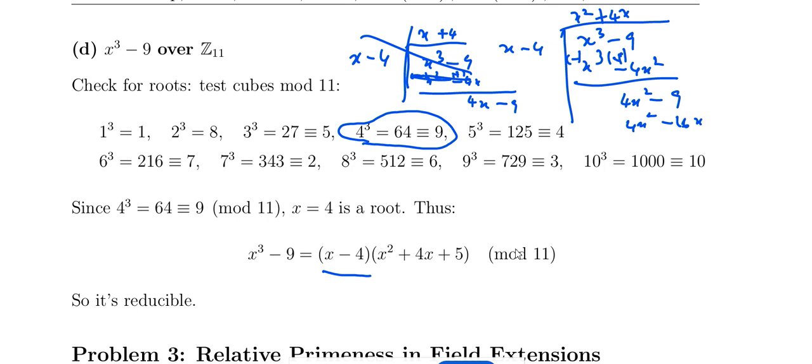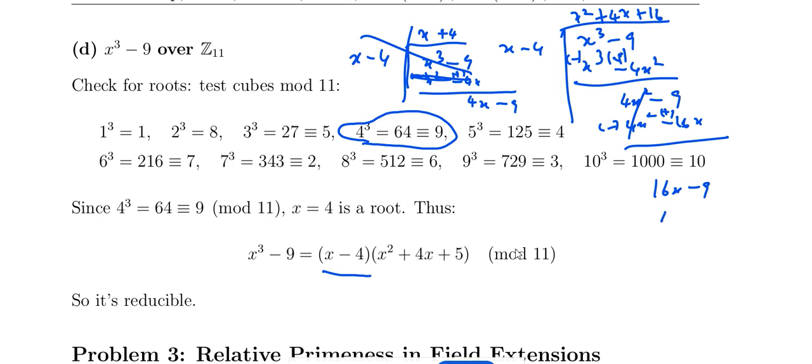So am I correct? Minus 16x. Once again changing the sign, the plus 4x square cancels, and we get 16x minus 9. Once again this is plus 16 here, modulo 11 we have to take, so it becomes 5.